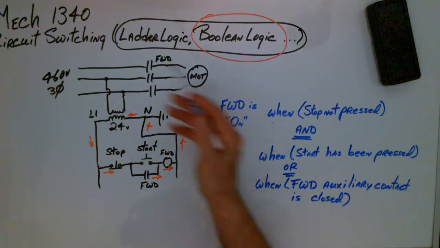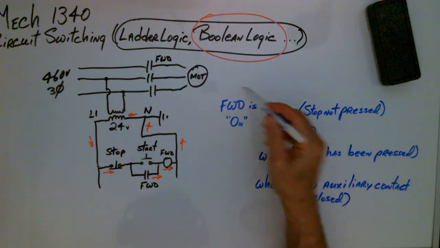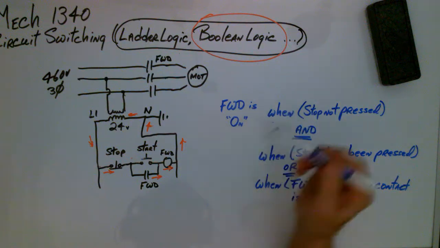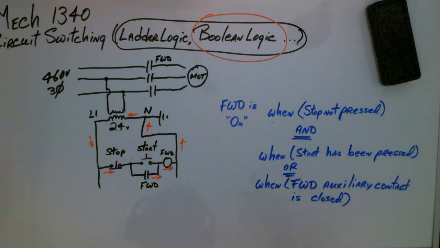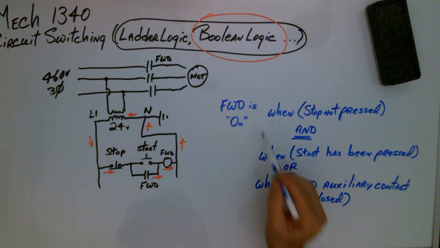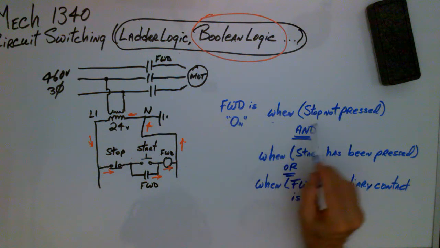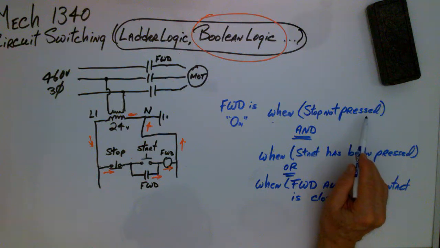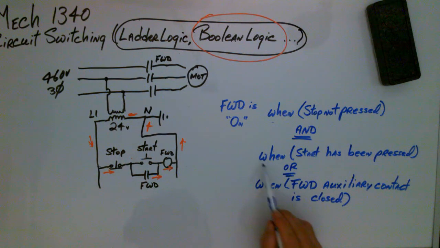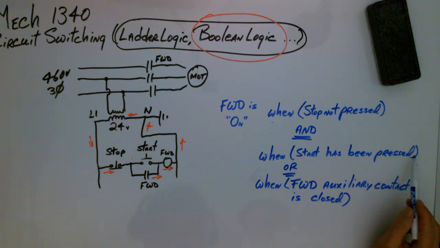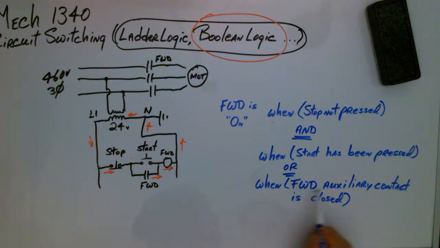Okay, so the motor will be running. In other words, forward is on. If forward is on, that motor is going to be turning unless you've got something mechanically wrong. So forward is on when the stop button is not pressed, and when the start button has been pressed, or when the forward auxiliary contact is closed.